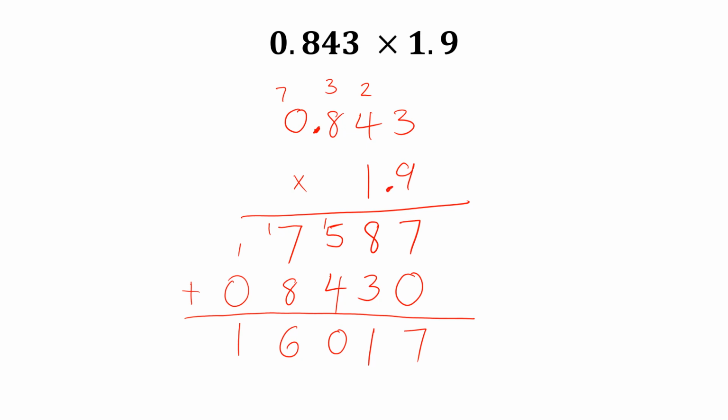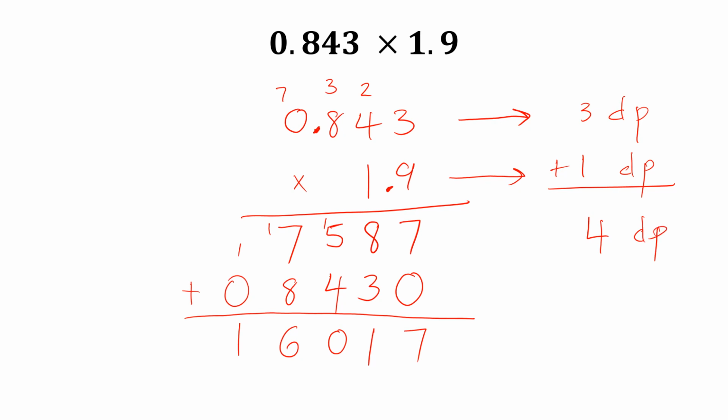Alright, so let's check the decimal places. In the first number, we have 3 decimal places because there are 3 digits to the right of the decimal point. In the second number, we have 1 decimal place because there is only 1 digit to the right of the decimal point. So in total, we have 4 decimal places.